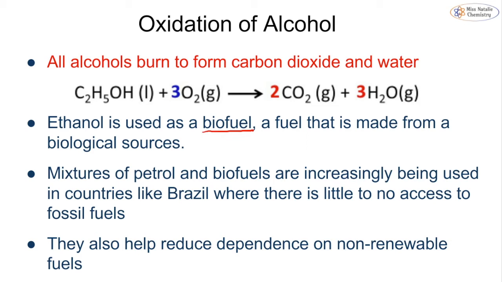And it actually helps us elongate the lifespan of the fossil fuels. So we want to make sure that we're not going to run out. Of course, we know we will, but the longer we can put that off, the better. So biofuels are a nice alternative for that.